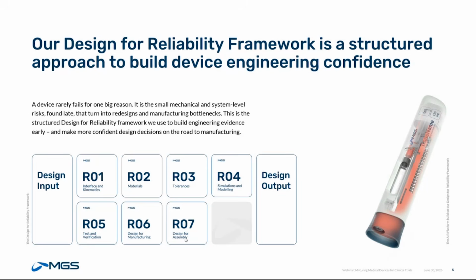When you're entering the maturing phase of a mechanical device project, you're not supposed to use all these engineering disciplines at once for all parts, but you should use the disciplines that suit the project the most and can answer the most critical questions.